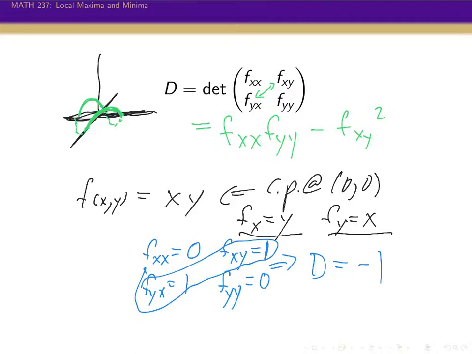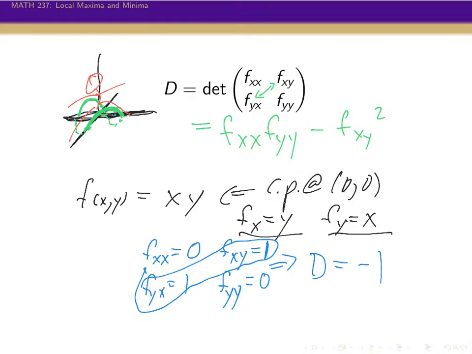And so you can kind of see this, if you took circles around this and looked at what it plotted out, this is sort of the Pringle chip kind of graph, except it'd be extending out. And so you can see this natural saddle here, except the saddle is skewed because it's no longer the x-axis going up and the y-axis going down. It's actually turned 45 degrees from that.